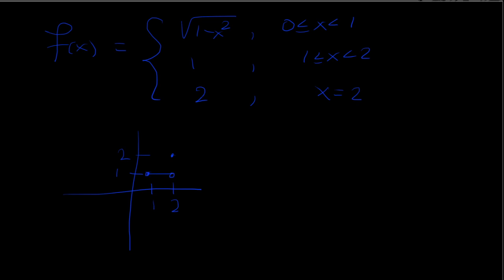And now it's going to be square root 1 minus x squared, which is going to be a semicircle, or sorry, not a semicircle, a quarter circle. Let's try that again. Something like that.